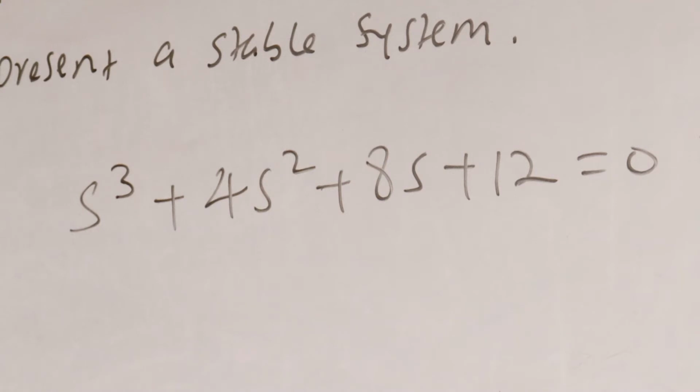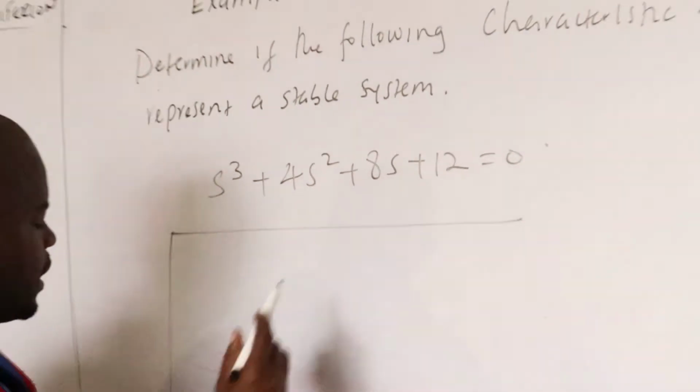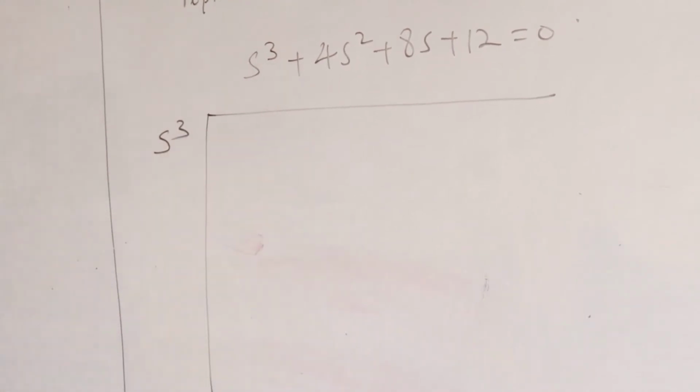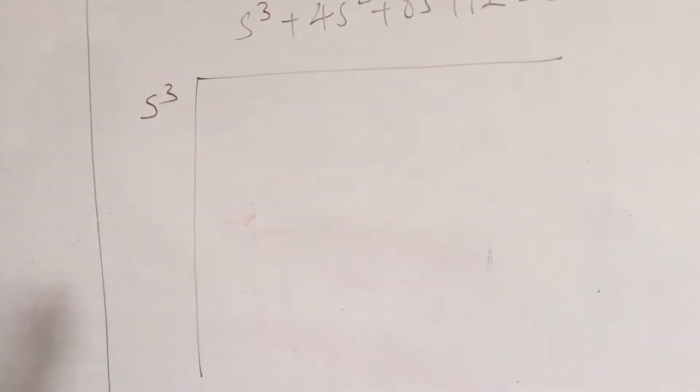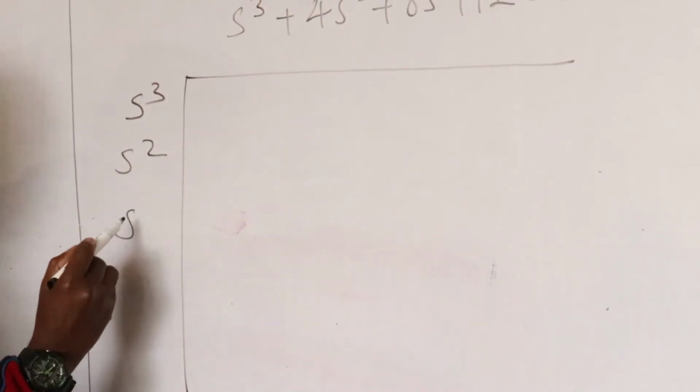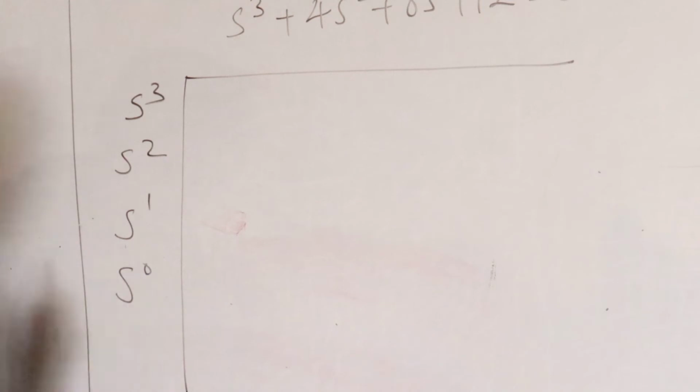Looking at it from the first stage, you can see that it is stable, so you can go and investigate further by use of the Routh array. Is that okay? So we have it that the highest power is s raised to power 3, followed by s squared, s raised to power 1 and s raised to power 0.